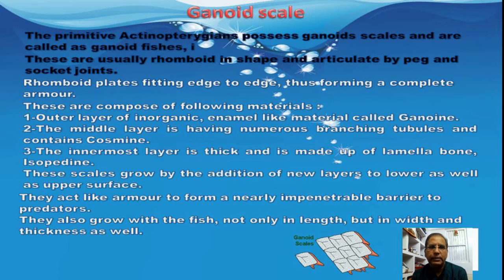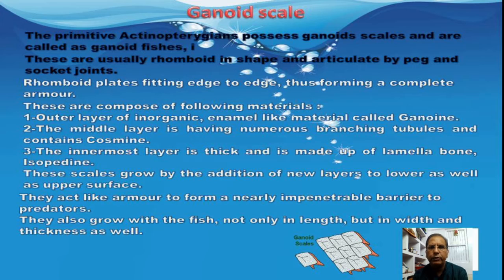The living Dipnoi possess the cycloid scale, having lost the cosmoid layer. Ganoid scales: primitive Actinopterygians possess the ganoid scales and are called ganoid fishes. These are usually rhomboid in shape and articulated by peg and socket joints. Rhomboid plates fit edge to edge, thus forming a complete armor over the fish.